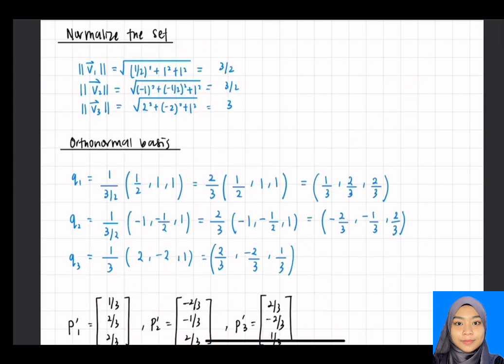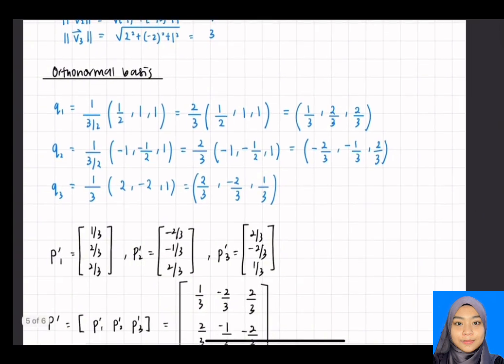Next, we gain the orthogonal basis. Next, we need to normalize vectors V1, V2, V3 in order to form an orthonormal set in Euclidean space R3. So, we need to find the norm of V1, V2, and V3. Here we got norm V1 equal to 3 over 2, norm V2 equal to 3 over 2, and norm V3 equal to 3.